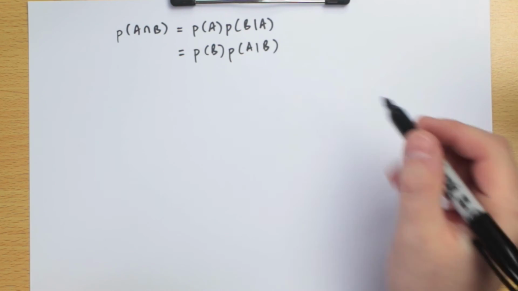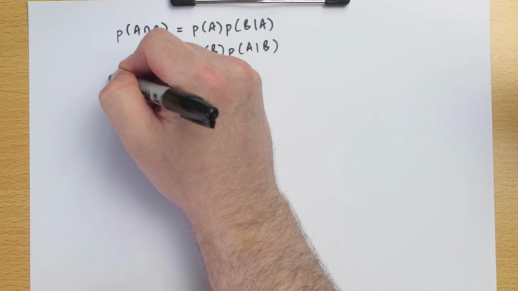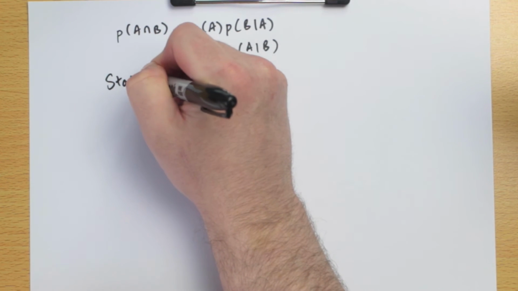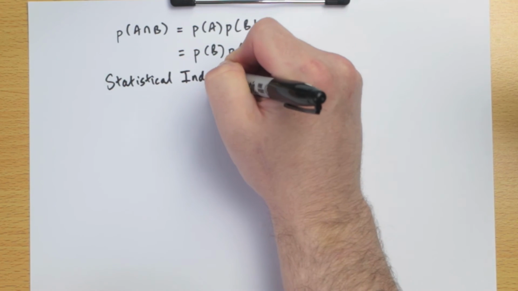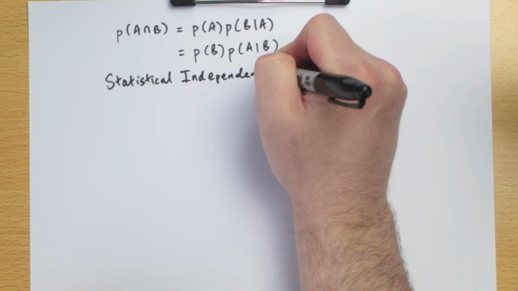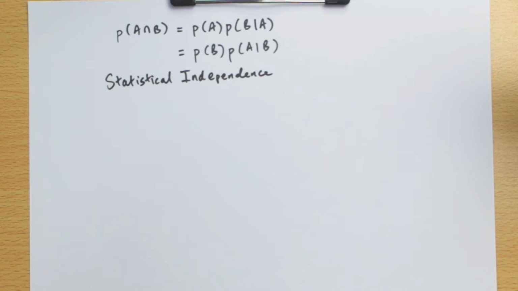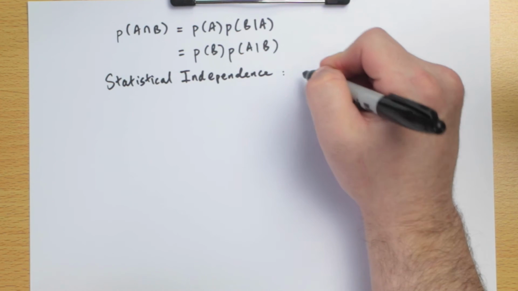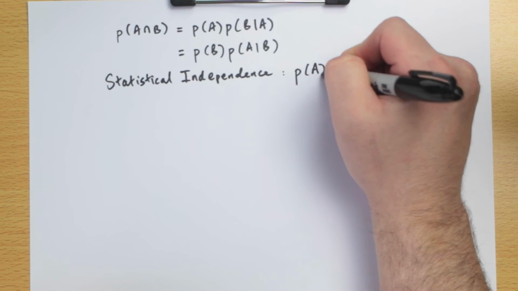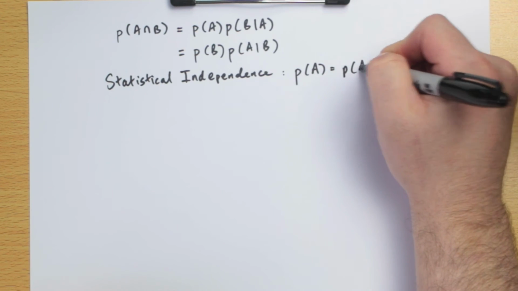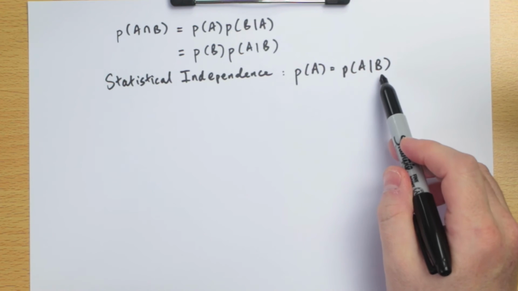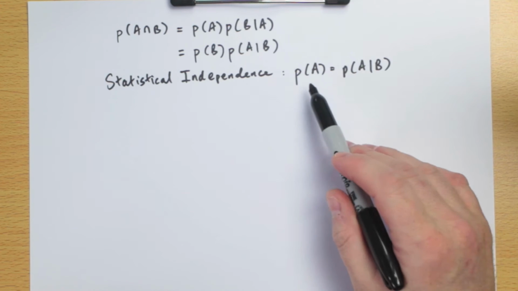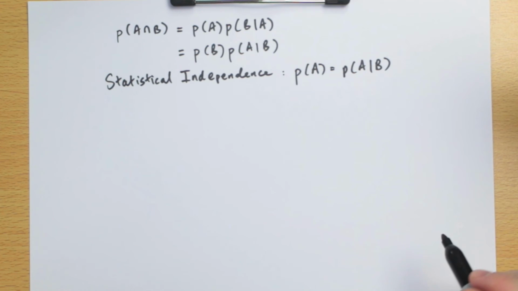Now, let me just mention quickly one idea that you may have heard of before, the idea of statistical independence. Intuitively, the idea of independence means that one event has no influence on another event. What do we mean by that? Well, if I say that the probability of A is equal to the probability of A conditional on B, what does this mean? When I find out that B has happened, the probability of A is exactly the same as it was in the first place.